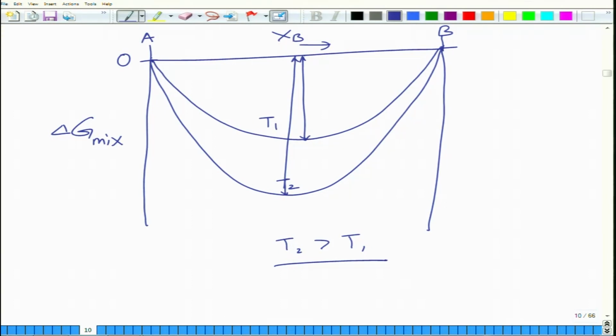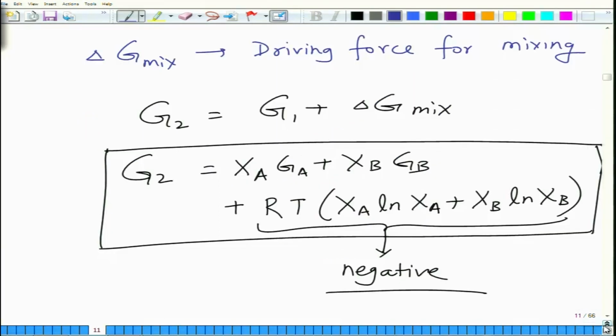If it was not negative, you would not have mixing. As you increase the temperature, delta G mixing decreases further, which means the driving force for making a solution increases with temperature, and this is what is important to understand.